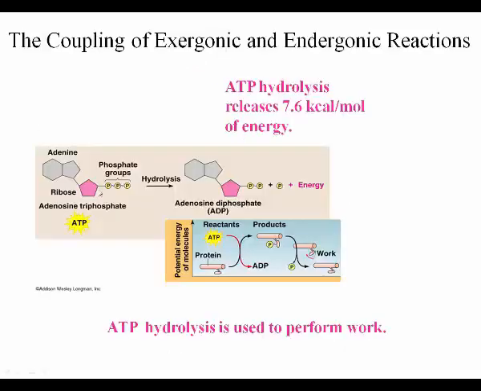Now, ATP has those three phosphate groups with lots of energy in the covalent bonds holding the phosphates together. Hydrolysis of ATP, releasing just one of those phosphates, releases what we call 7.6 kilocalories per mole of energy. Mole is a unit of measurement for molecules, and we won't go into how we determine what a mole is, but it's like a unit of mass.